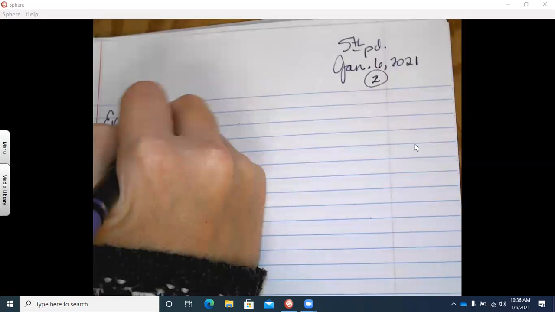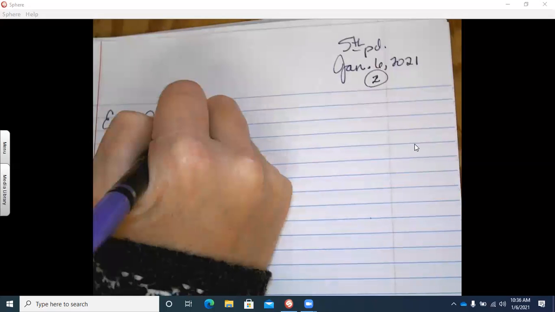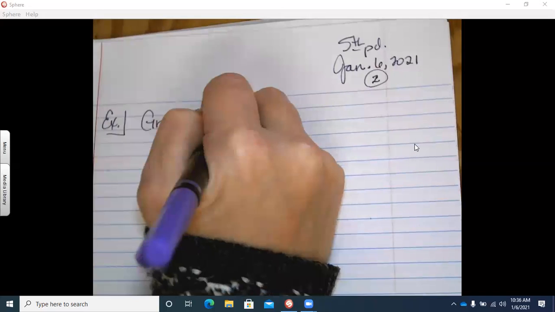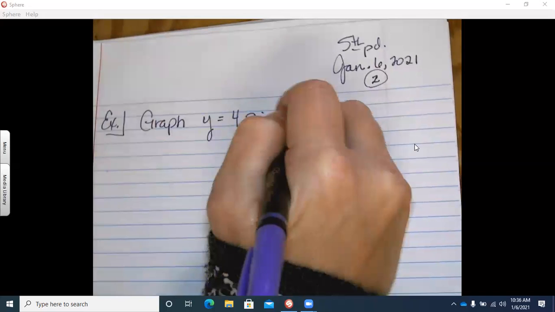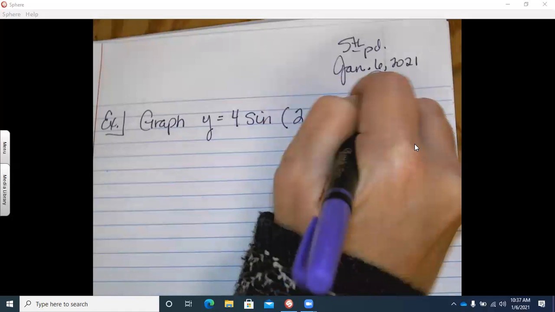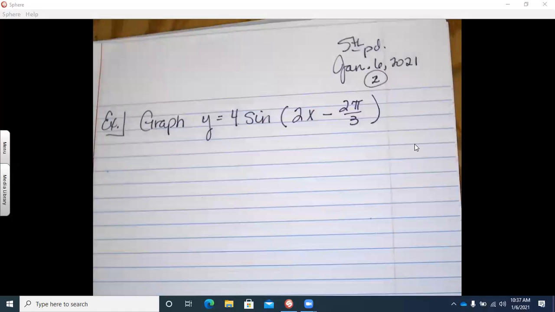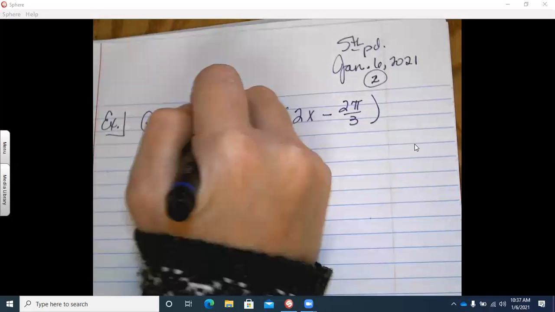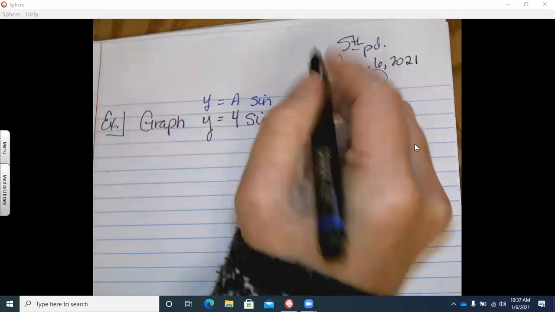All right, so we're going to graph y equals 4 times the sine, open parentheses, 2x minus 2 pi over 3. So this is in the form y equals a times the sine of bx minus c.